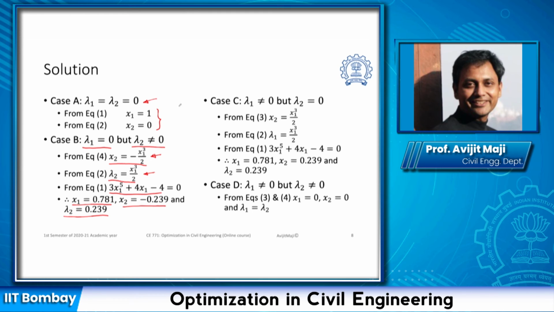So the other assumption could be when my first constraint is active and my second constraint is not. In that case, again from equation 3 we can get a relationship between the two design variables, which if we replace in equation 2, we can obtain the value of lambda 1, and once we replace it in equation 1, again we obtain a fifth-order polynomial with respect to the design variable 1.